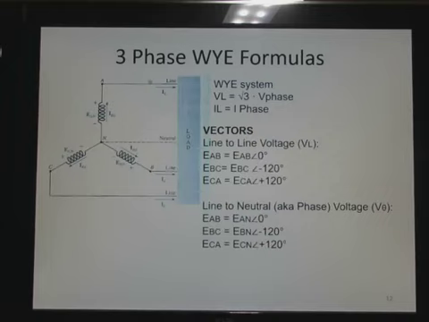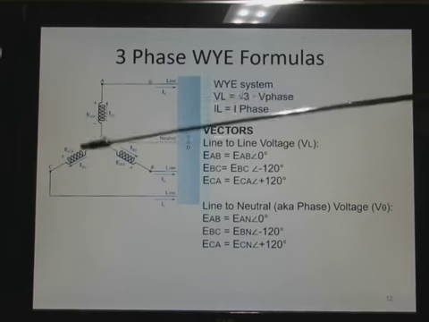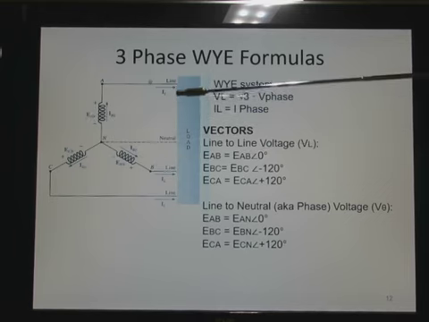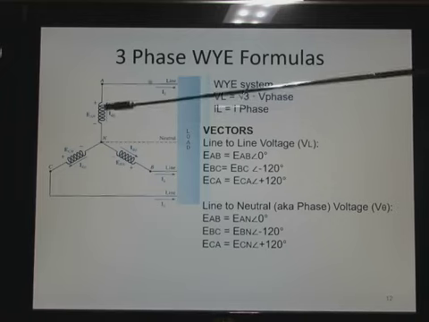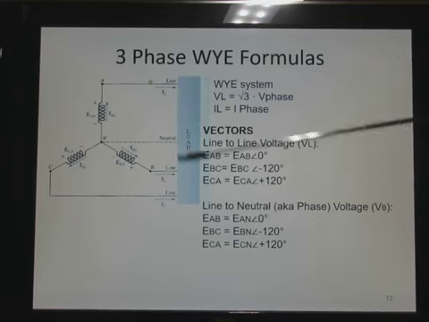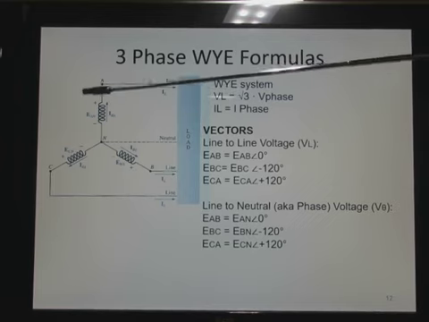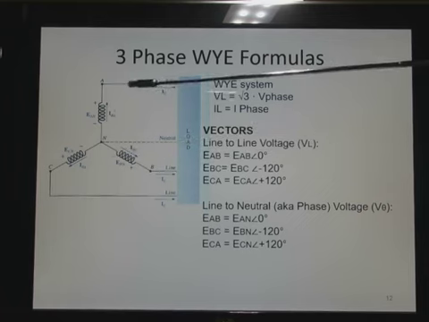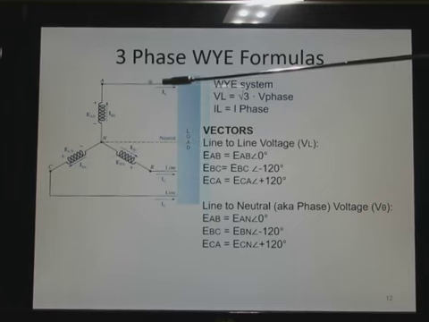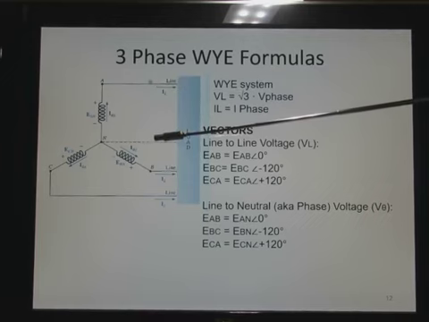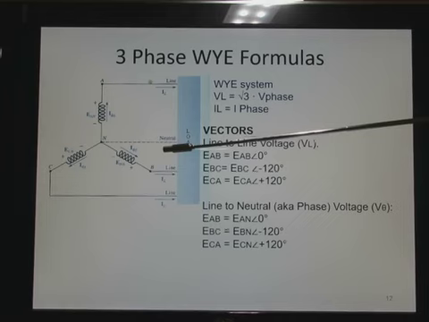This graphic here shows a three-phase Y, and some people call it a star system, but it's an upside down Y here. And we'll notice that this is the generator with the three stator coils going into a load. We have a line-to-line voltage, which would be A to B, or A to C, or we have a line to neutral, which we call phase voltage, A to neutral, B to neutral, and C to neutral.